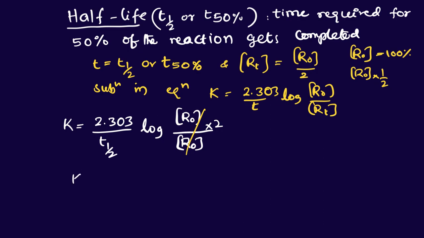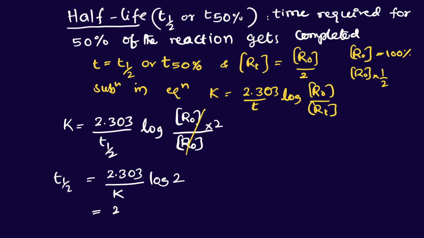Then K is equal to 2.303 by T half log 2. Otherwise, I will take T half to the left side, and K will be in the denominator. Log 2, we know that value.